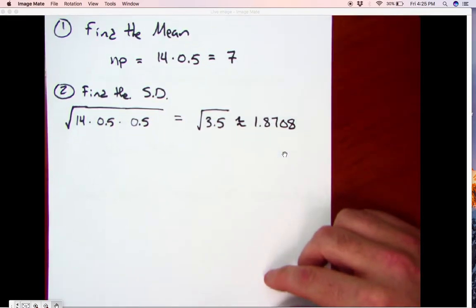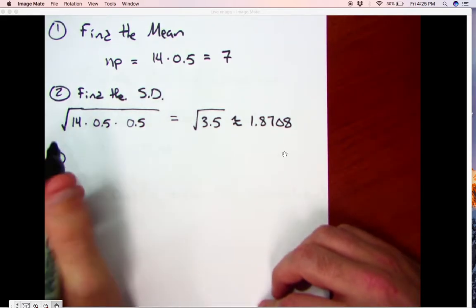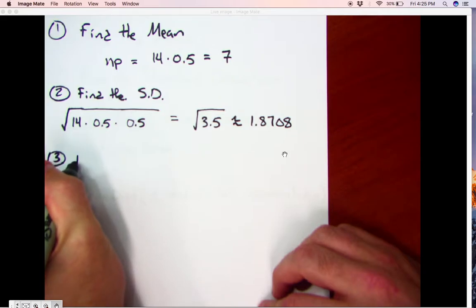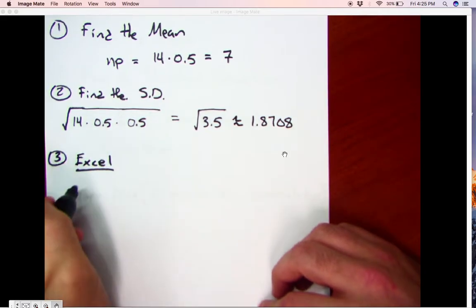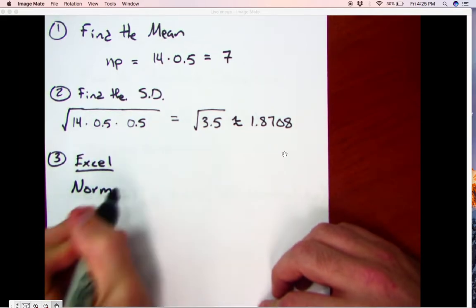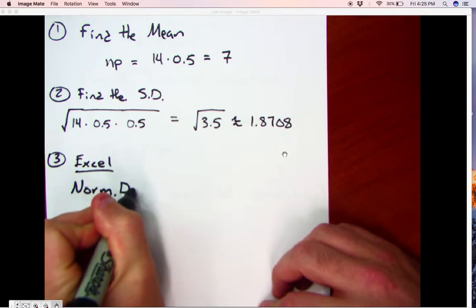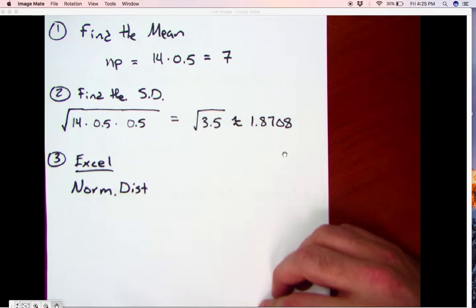Now for step 3, this is when we go to Excel. We want to use the function NORM.DIST, normal distribution.